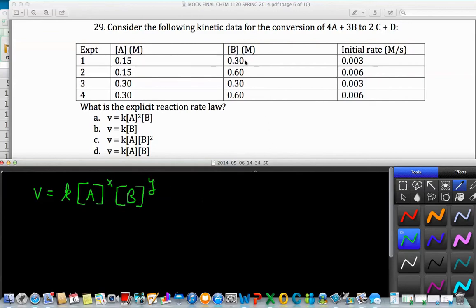Let's look at two experiments where B does not change, 1 and 3. A doubles, and the rate does not change. Therefore, x must equal 0. So A is simply not a part of the rate. So A is wrong, and C is wrong, and D is wrong. The best answer is B for number 29.